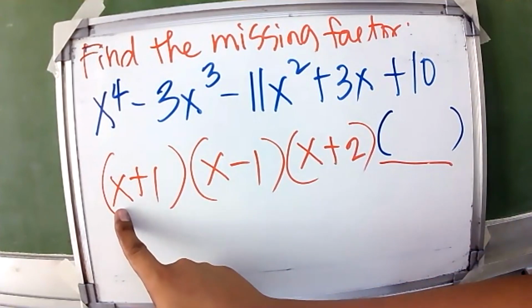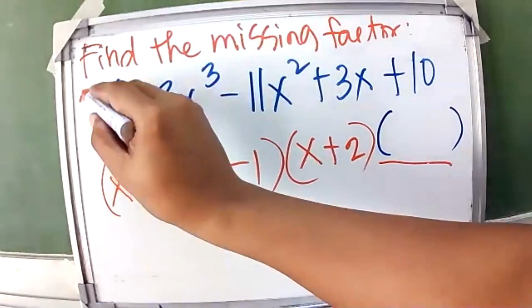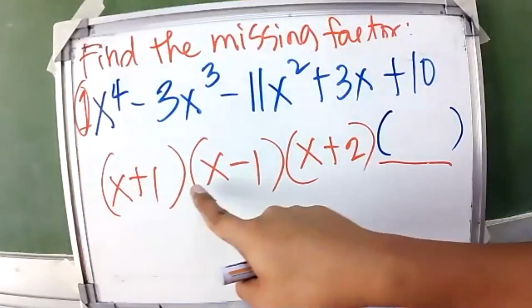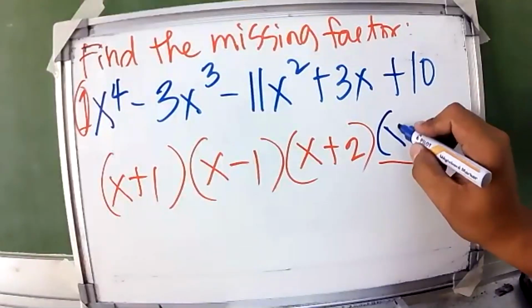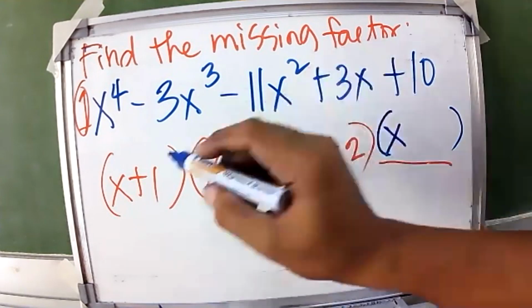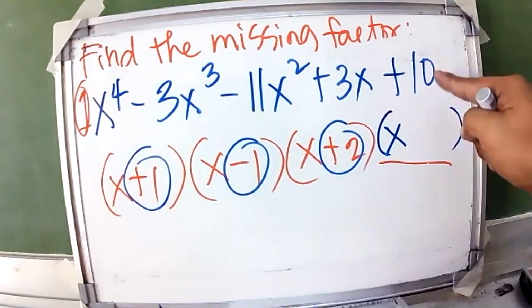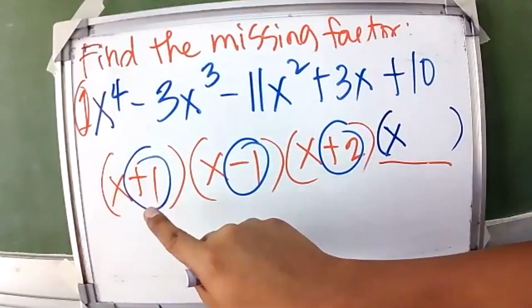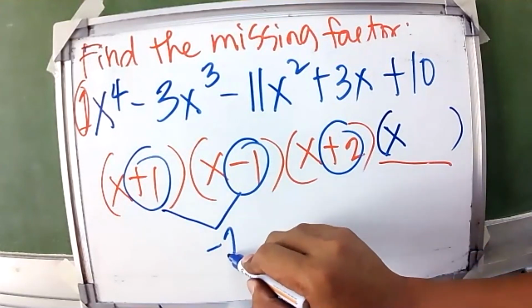Madali lang siya. Very, very simple. So, the leading coefficient here is just 1. So, expect that all of this will just be 1. So, we have all x's here. Okay, next, let's move on with your constants. It should be equal to 10. So 1 times negative 1, that's negative 1.